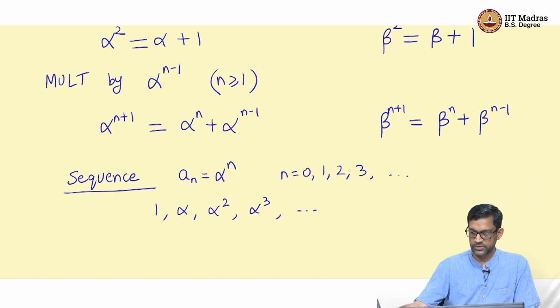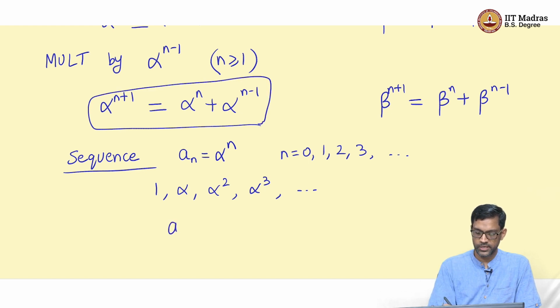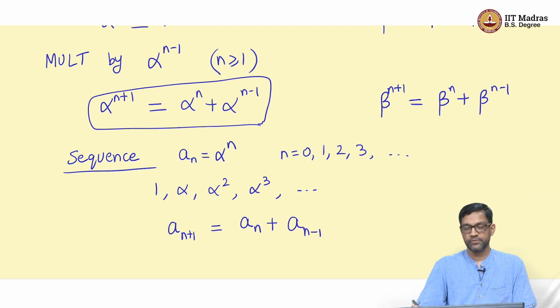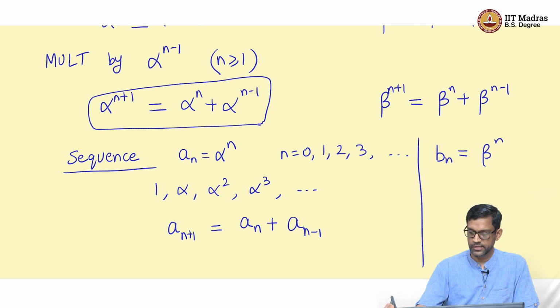Then these powers of alpha actually satisfy the same recurrence as the Fibonacci numbers, because the (n plus 1)th power of alpha is equal to the nth power of alpha plus the (n minus 1)th power of alpha. The same thing holds for the betas as well. If you call this sequence b_n the nth power of beta, then again b_{n+1} is b_n plus b_{n-1}.